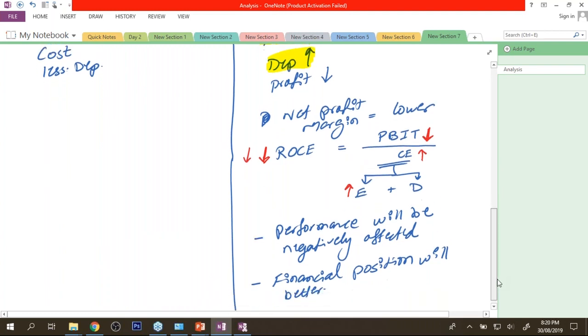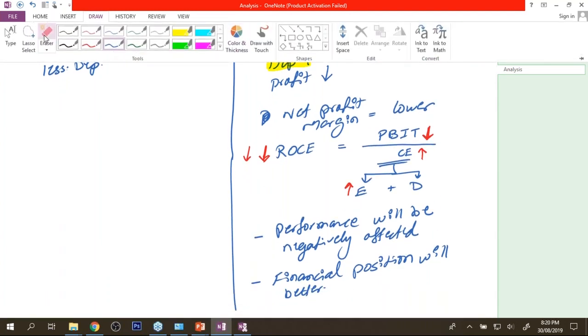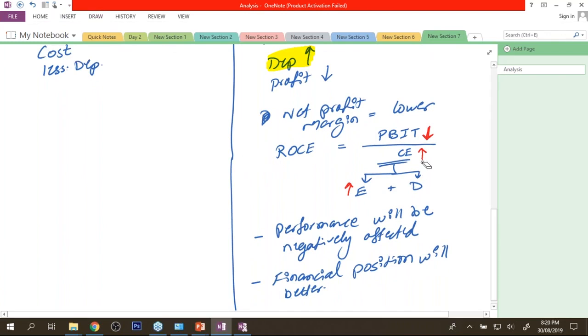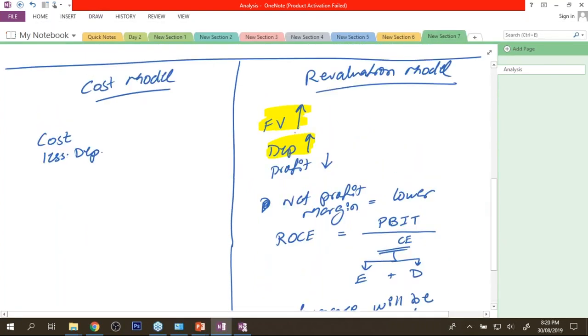Nimra is saying, please repeat ROCE. Nimra, for the return on capital employed, if we have revalued an asset, what will happen? The revaluation gain, the increase in fair value, will increase the depreciation, and this will effectively decrease the profits during the year. And because of the decrease in the profits, the return on capital employed will also be decreased.